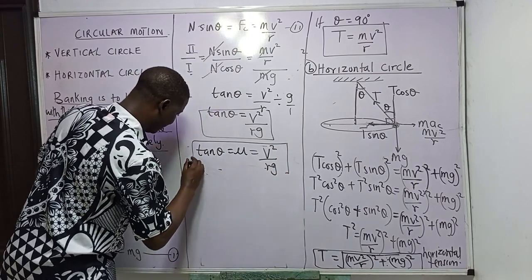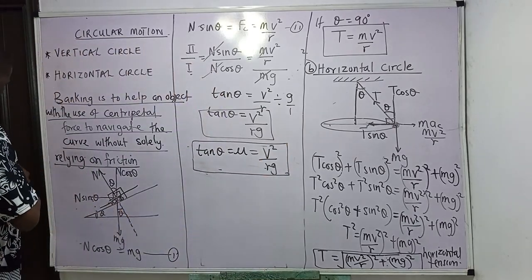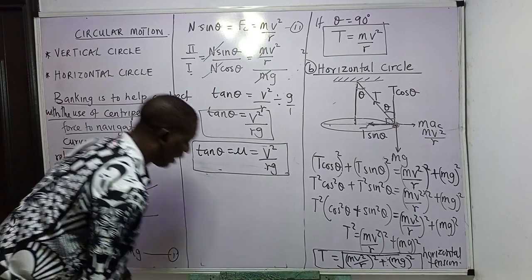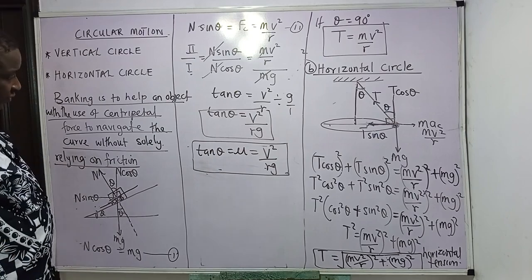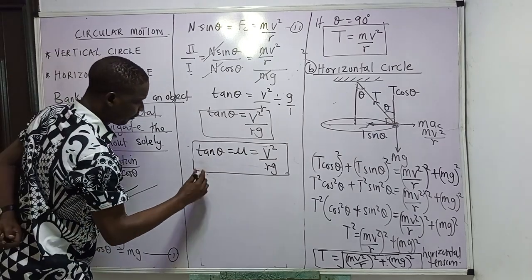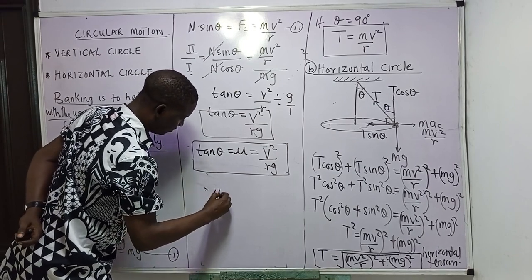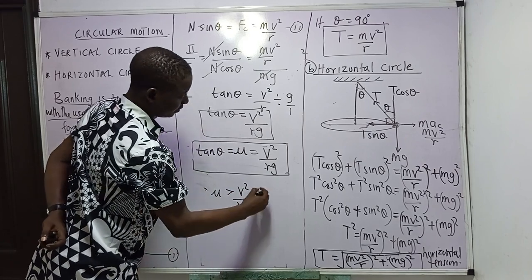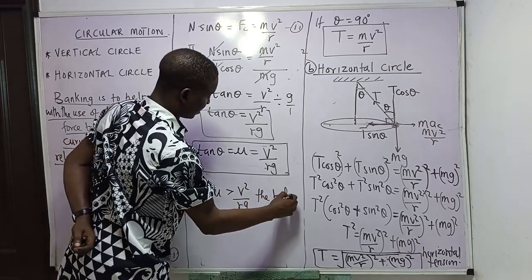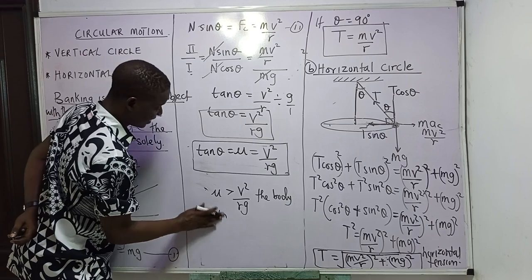Now look at this condition in case they ask you in the exam. The conditions are to be stated like this. If tan theta is greater than v square over rg, the body will slip or will skid.